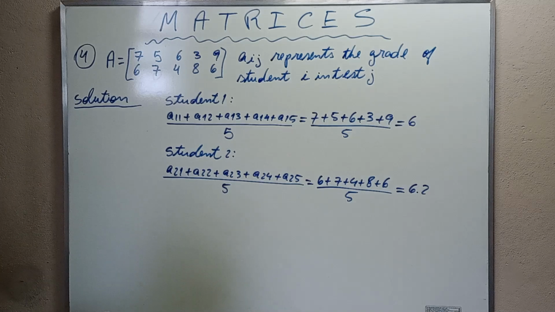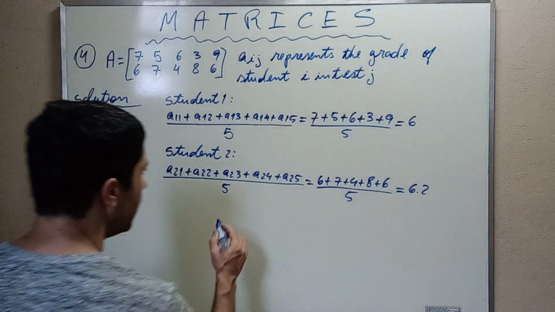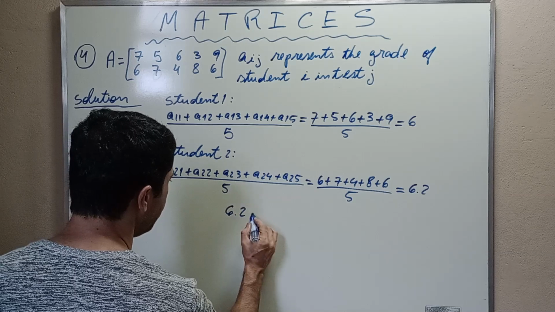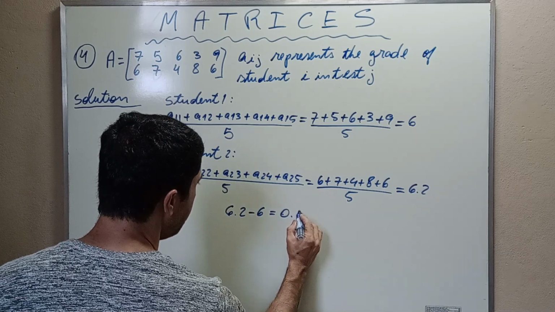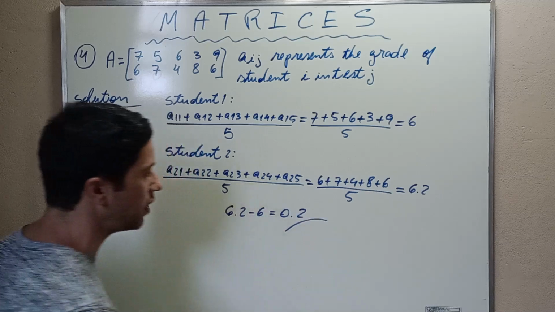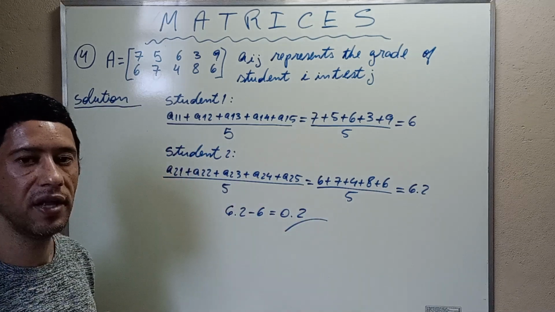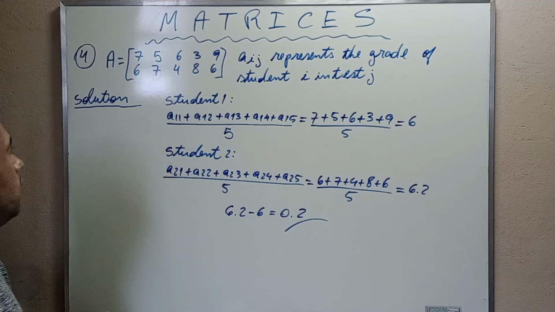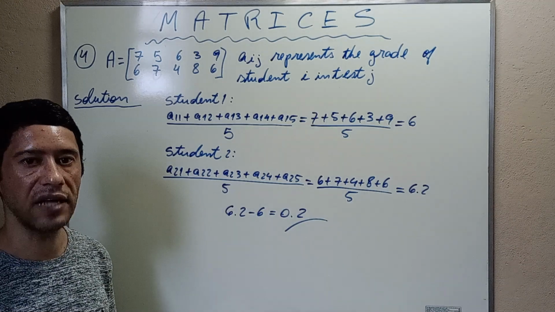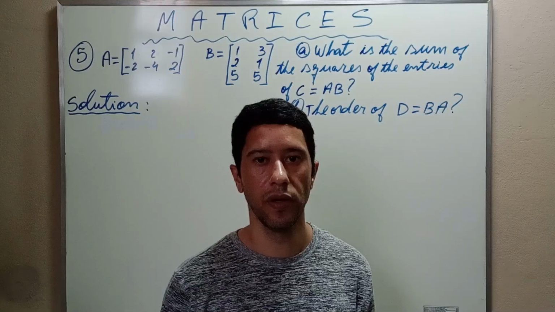The question was, by how much was the average grade of student 2 higher than the average grade of student 1? So it is 6.2 minus 6, and this is equal to 0.2. Okay, my friends, and this is the solution of exercise number 4. Let's go to the next.